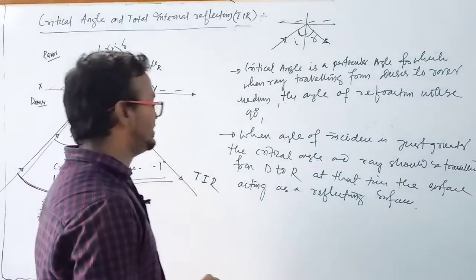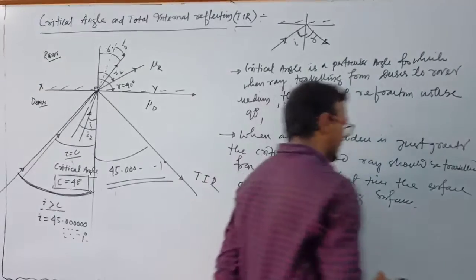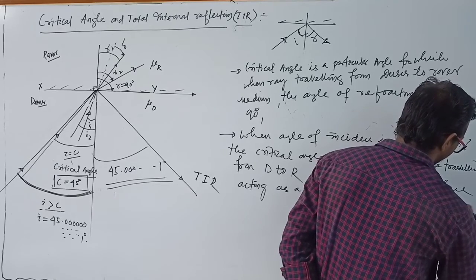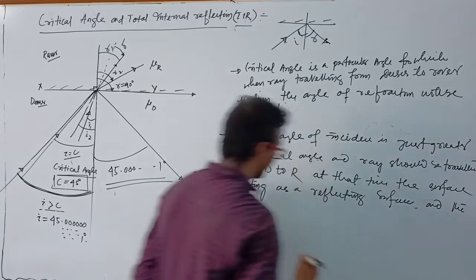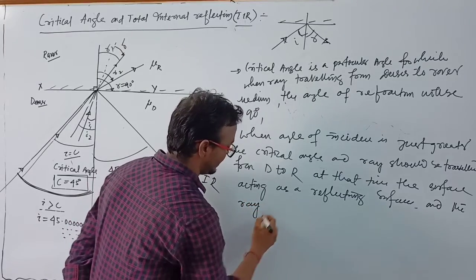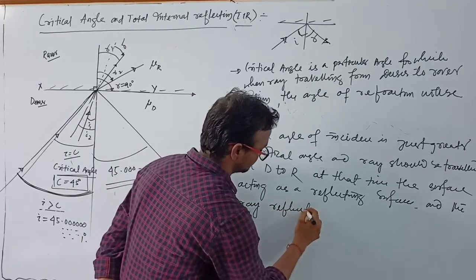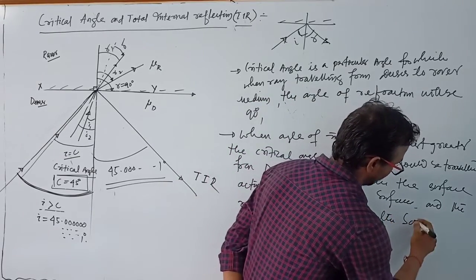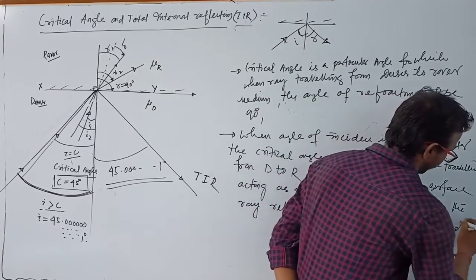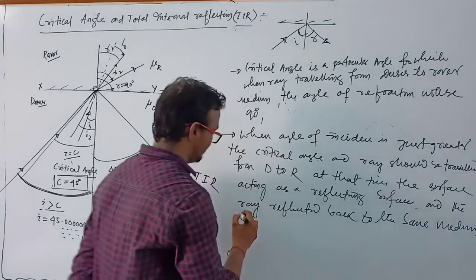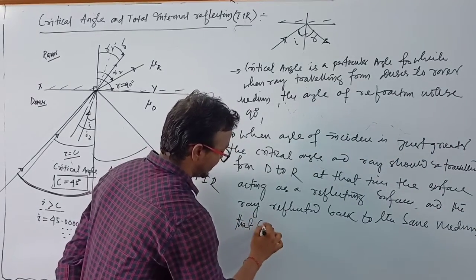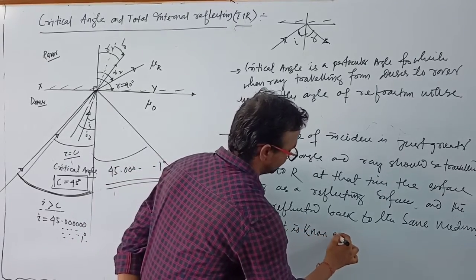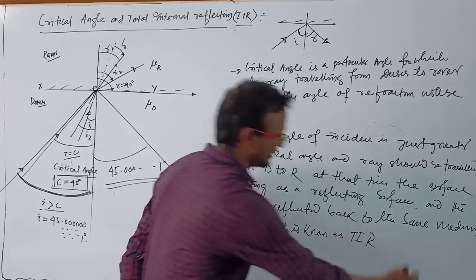The surface behaves as a reflecting surface and the ray is reflected back to the same medium. That concept is known as total internal reflection.